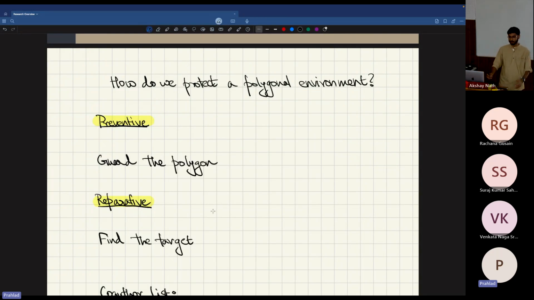When we have something preventive, you would essentially just like to guard the polygon. This is one of the most fundamental problems in CG, which is the art gallery problem. When you want to guard the polygon, you can do it in two ways.